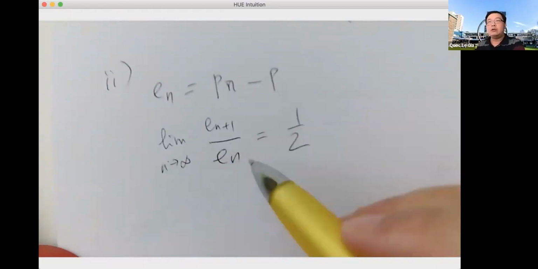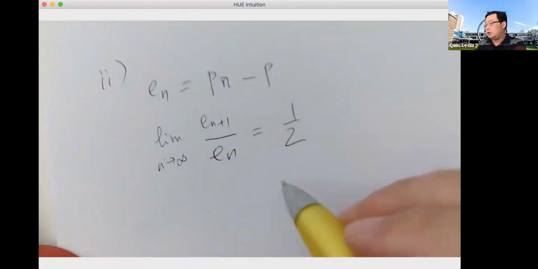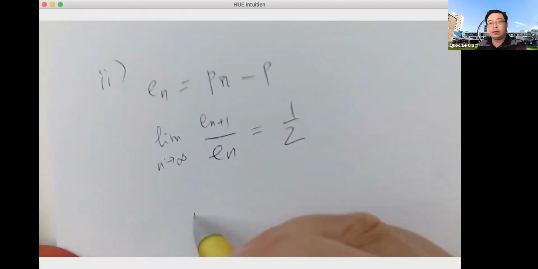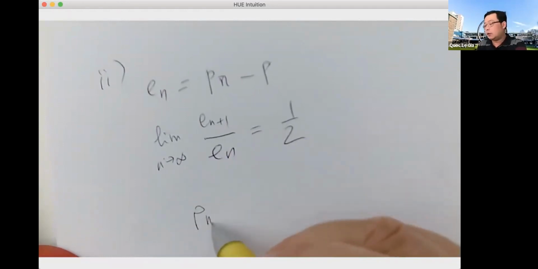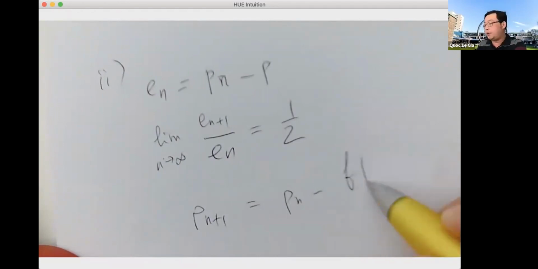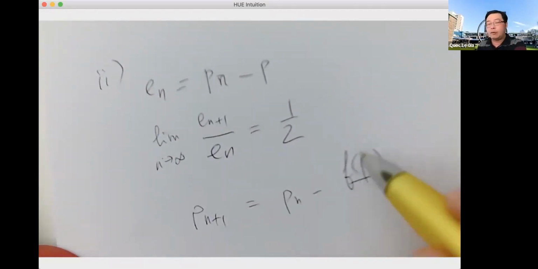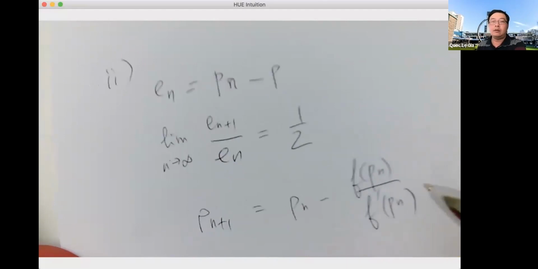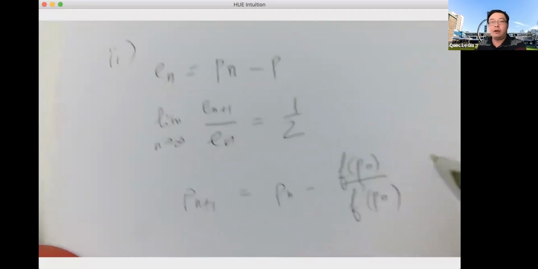So now how do we do that? So remember, what is Pn plus 1? So Pn plus 1 is Pn minus f of Pn over f prime Pn. Okay. So this is the formula for Newton method.